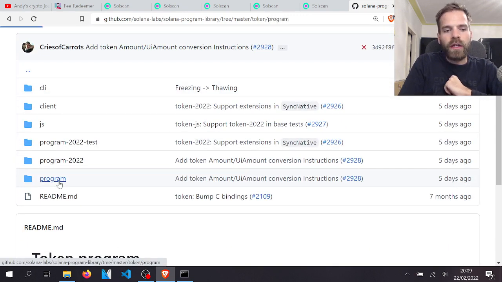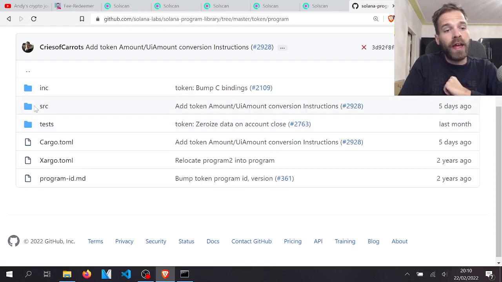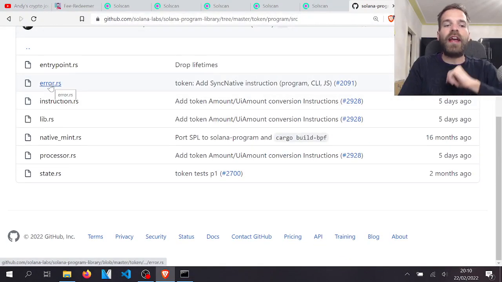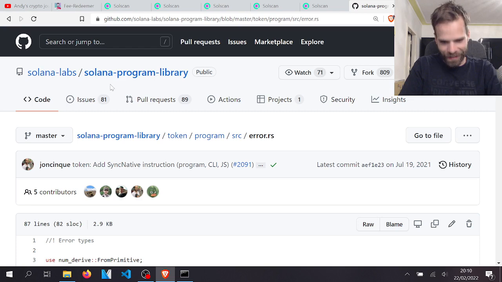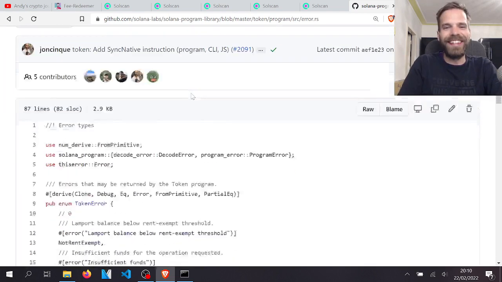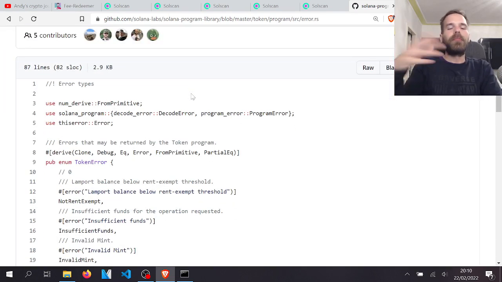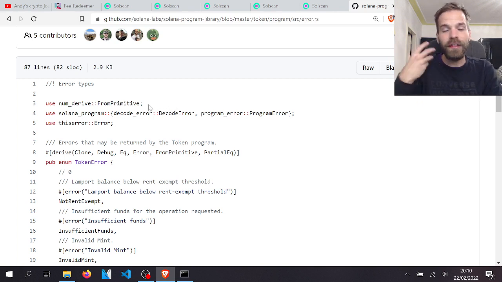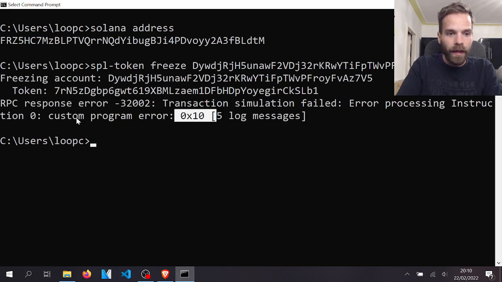And then we look into the program, and then we look into the source code, and then we find this error Rust file, error.rs. And here, conveniently for our viewing pleasure, we see all of the errors that the token program produces.